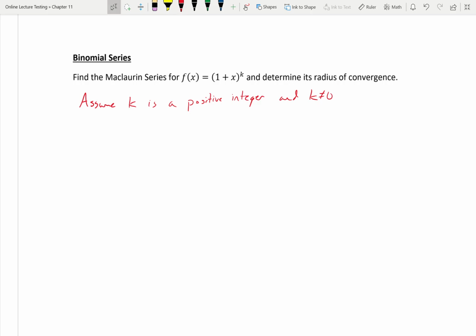Okay? So f of x is equal to 1 plus x to the k power.